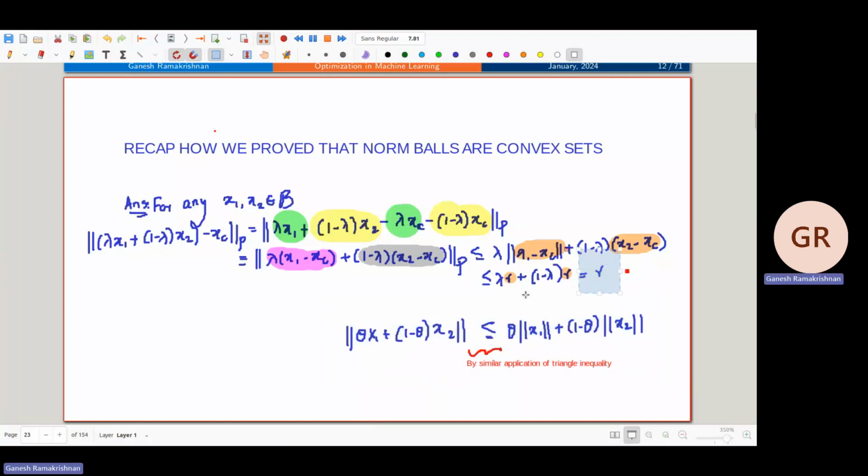Everything is the same. In fact, the sequence of steps is a subset. You need just this step until this step, basically. You don't have an xc, that's the only difference. You don't have a center. In the norm ball, we had a little bit more work with respect to the center. So it's very simple. I'm sure you can prove this.